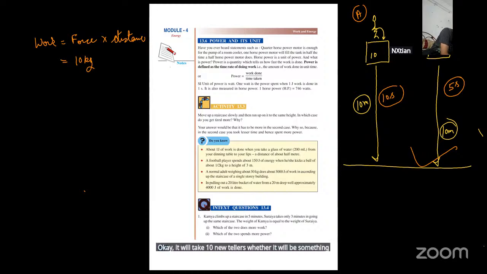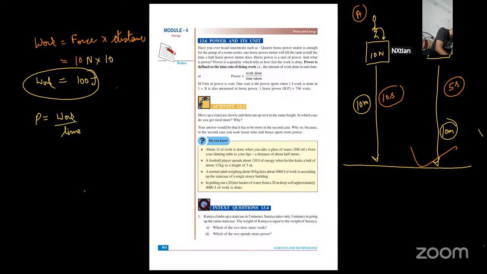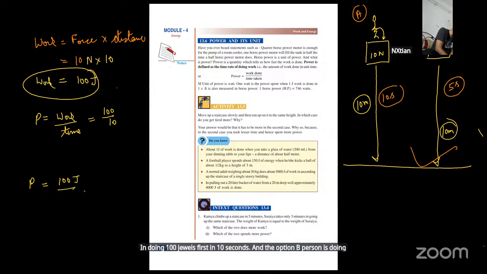The force is 10 Newton, into distance 10. So both are doing 100 joule work. The option A person is doing 100 joule work in 10 seconds, and the option B person is doing 100 joule work in 5 seconds.